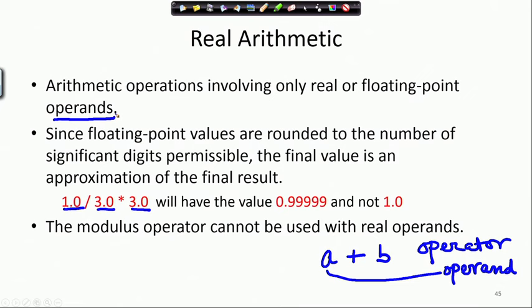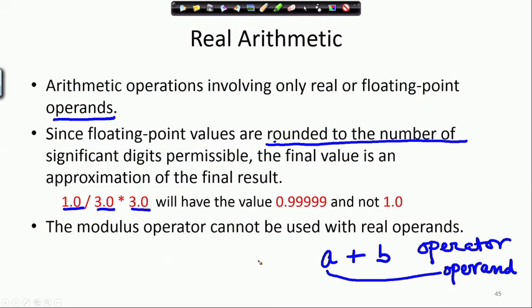Sometimes the floating point values are rounded to the number of significant digits, because it may be 7.5976 like that, you can go on. It is often rounded to the number of significant digits permissible in a particular machine. We get an approximation of the results.